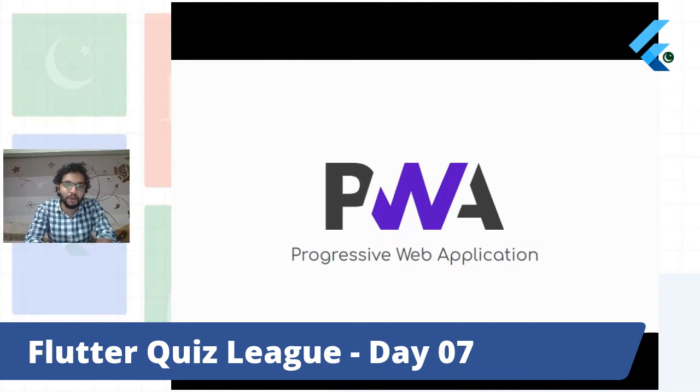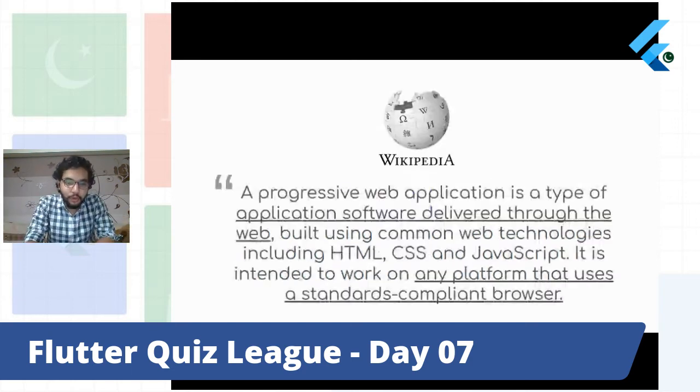The first thing we always do if we don't know something is Google it, and when we Google it, we get a fancy worded definition from Wikipedia saying that a progressive web application is a type of application software delivered through the web, built using common web technologies including HTML, CSS, and JavaScript. It is intended to work on any platform that uses a standards-compliant browser. If you understood that, that's well and good. You don't need to go through the entire thing.